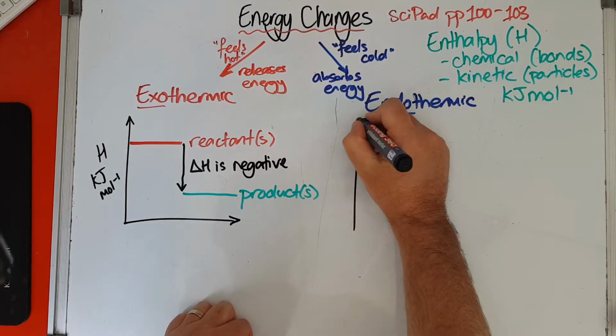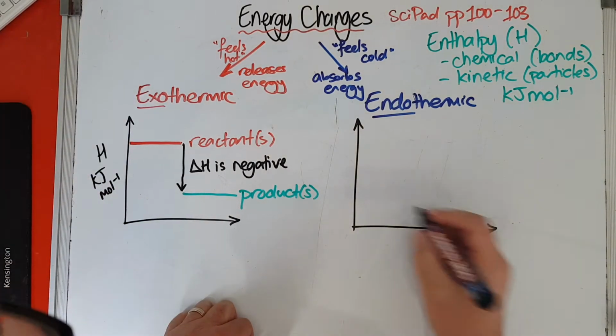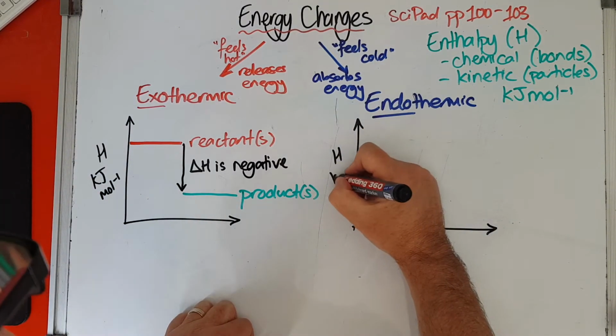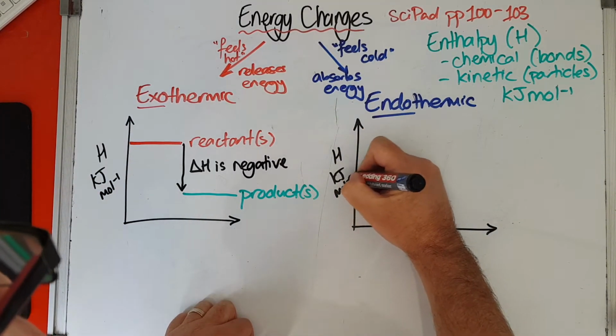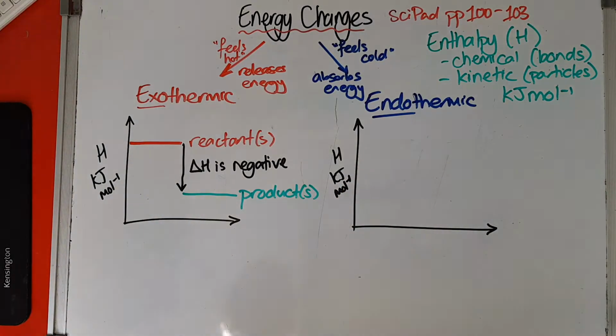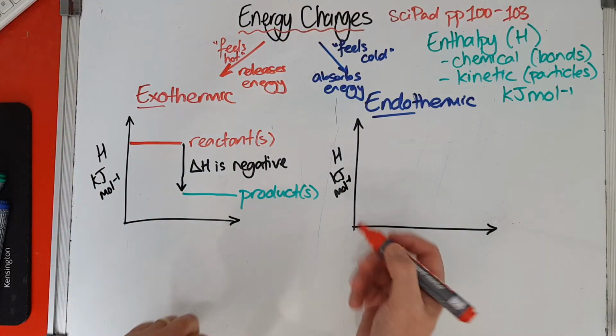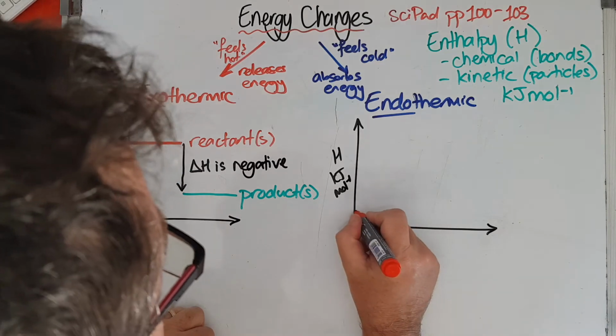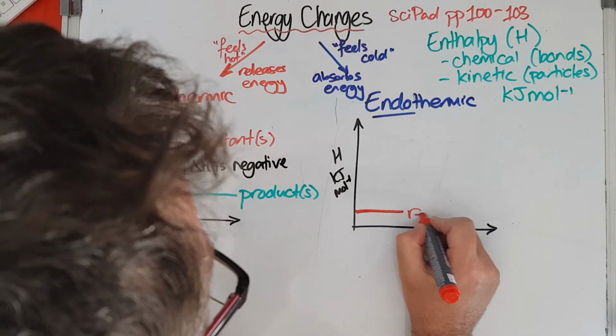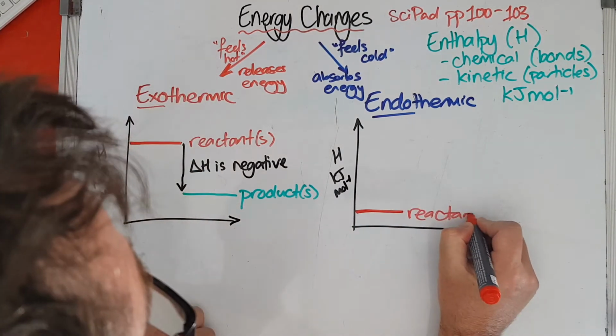Conversely, an endothermic reaction, again we have enthalpy on our y-axis in kilojoules per mole. The energy of the reactants is much lower.